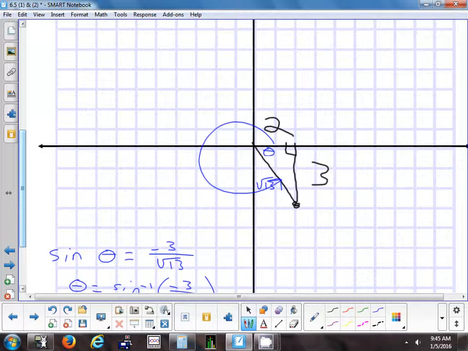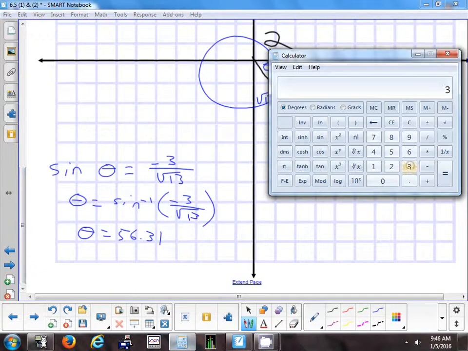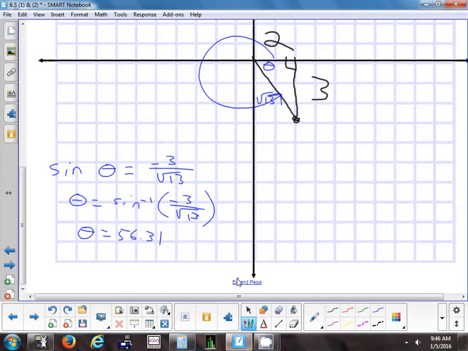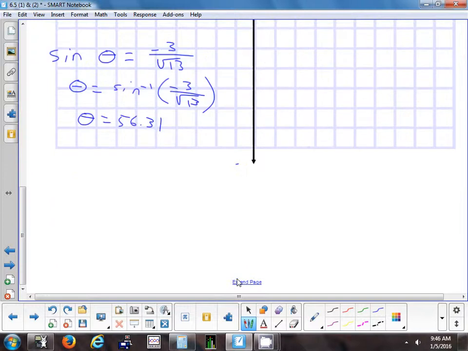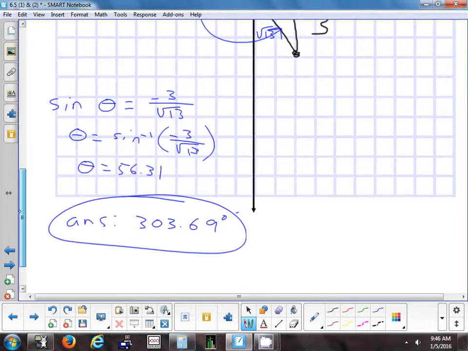So take 360 minus my reference angle. Okay, 303.69. So 56.31 is the reference angle, but the answer to their question is 303.69.